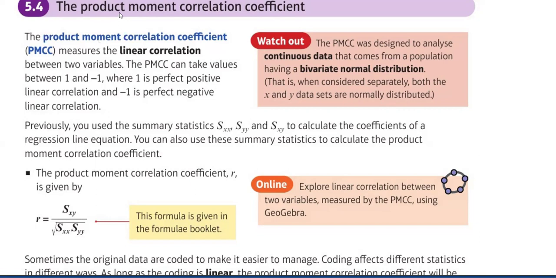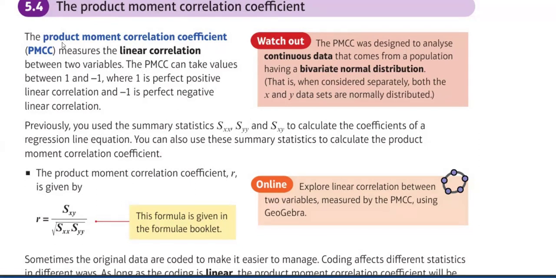This is the final topic of this lesson. Product moment correlation coefficient. This also gives some relationship between independent and dependent variables, same as the bivariate normal distribution.